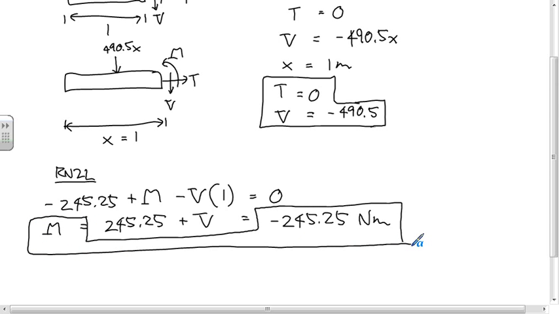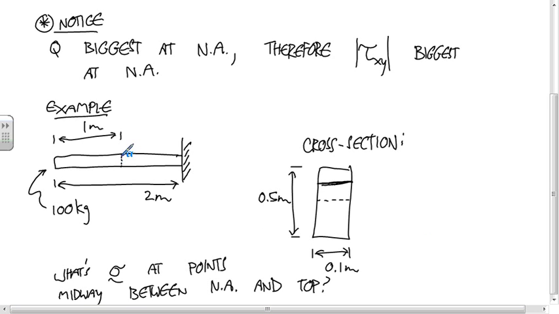Okay, so now we have the internal loads. Those are the internal loads at this dotted line along the x-axis. What's the next step? If we're trying to calculate the stresses along this line at this point, we calculated V and M. So what's the next step in finding those stresses? Let's start with the stress due to the bending moment.